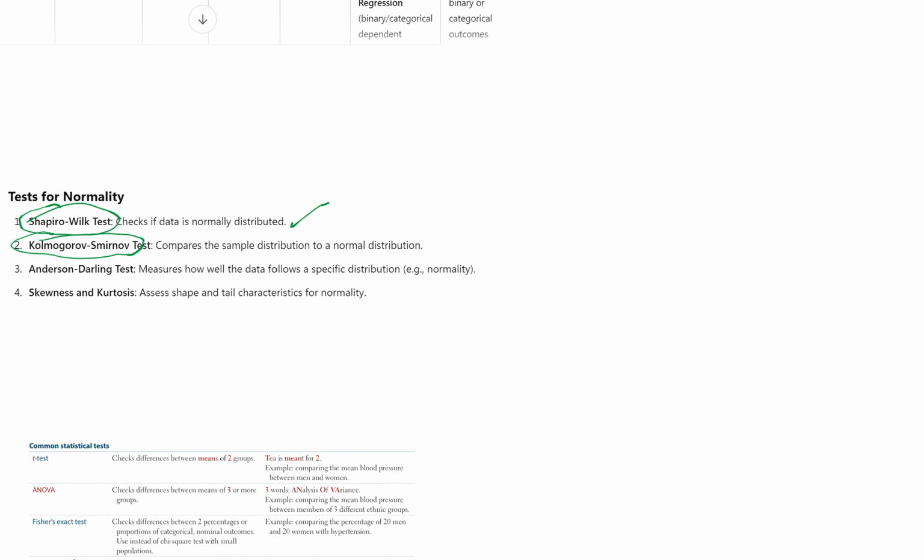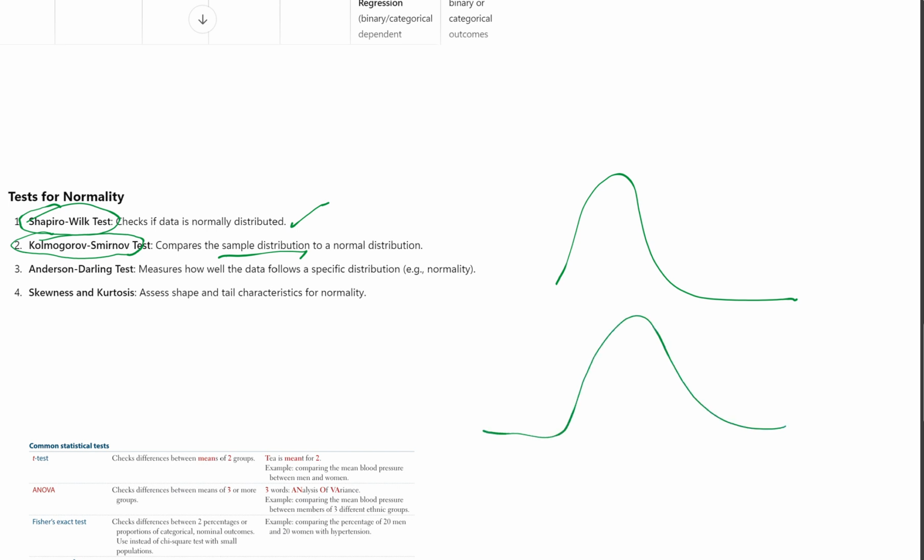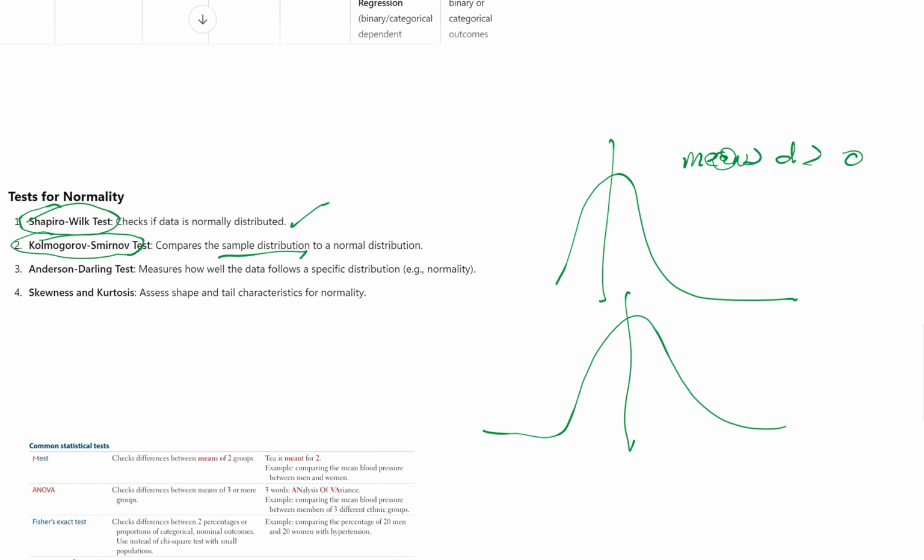It compares how the data is distributed, whether it is positively skewed or negatively skewed. In positively skewed data, the mean is greater than the median, which is greater than the mode. So the mean would be here, the median would be here, and the mode would be here.